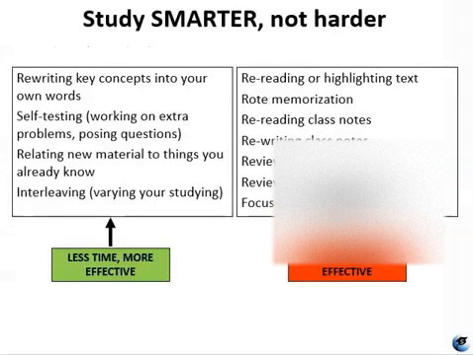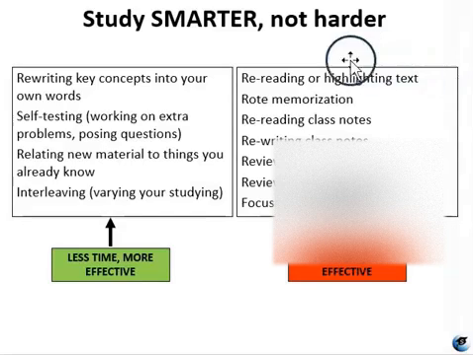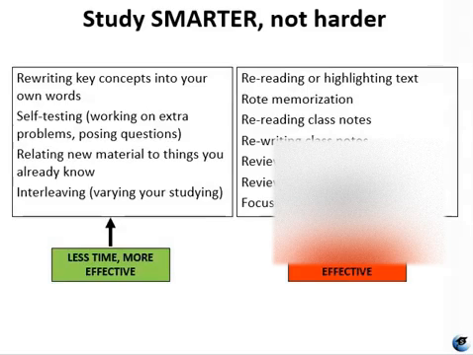I encourage students to study smarter, not harder, by which I mean you want to get more out of your study time and you want to learn more in less time. What I see a lot with my students over the years is them using these techniques here on the right for studying, things like rereading, rewriting, going over old quizzes, going over old class notes.